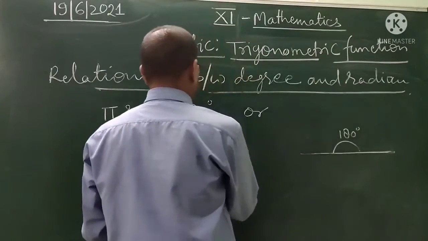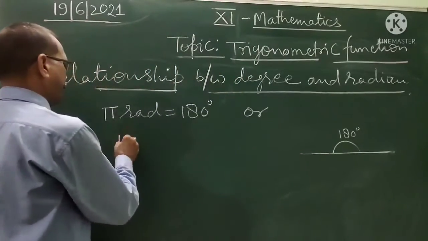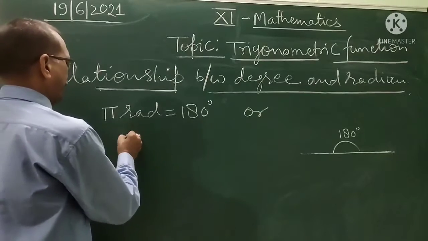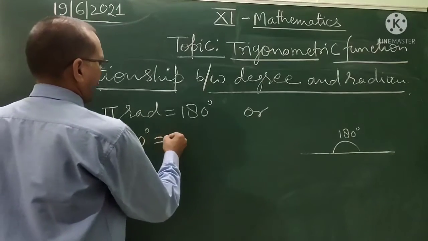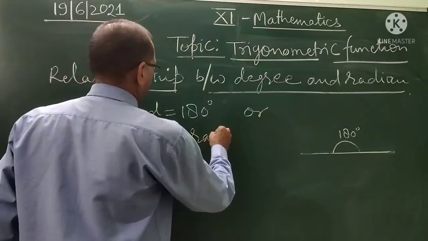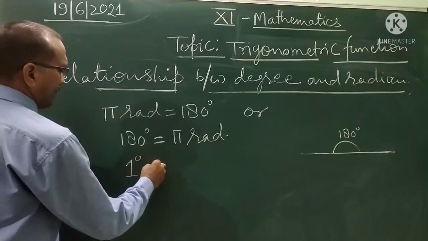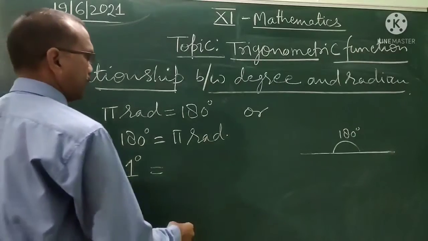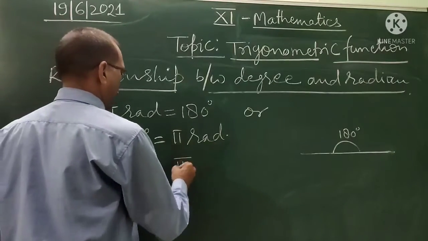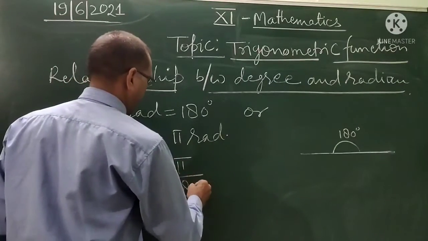So 180 degree is pi radian, and 1 degree is pi upon 180.